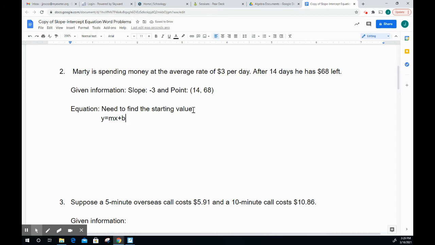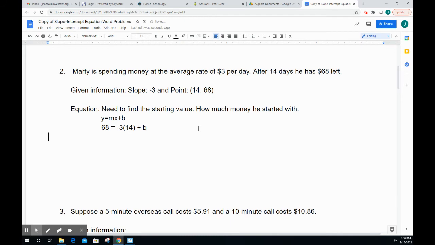We need to find how much money this dude started with. All right, and the way we're going to do that, we have a point, and so 68 is my y. Slope is -3. 14 is my number of days there. That's my x, and we want to find how much this dude started with.